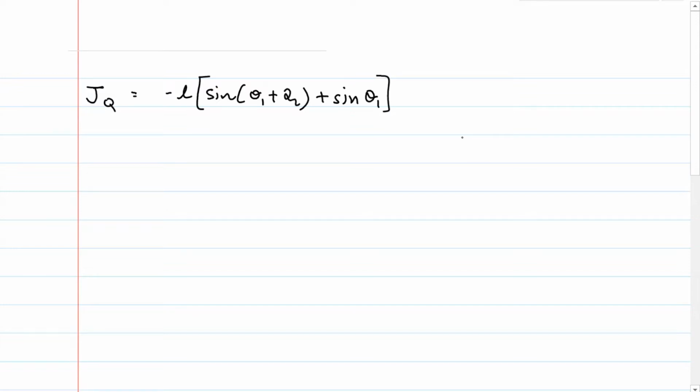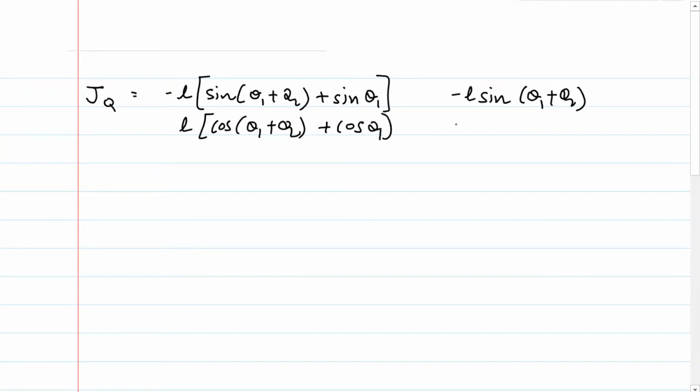This is the first row, first column. And then we have minus L sine theta 1 plus theta 2. And then we have L cosine theta 1 plus theta 2 plus cosine theta 1. Then L cosine theta 1 plus theta 2.